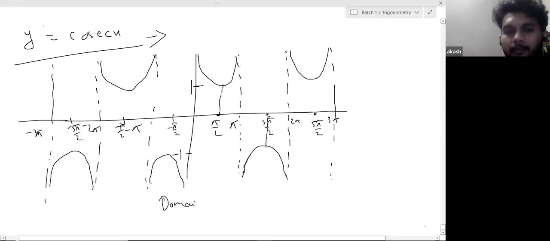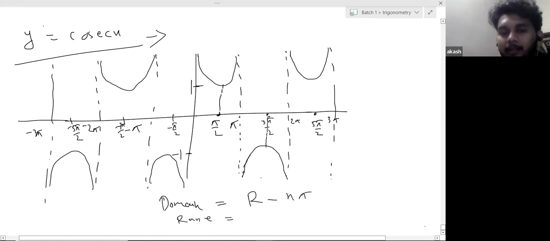Domain here, we can see from the graph also, we cannot put multiples of pi because they tend to be infinite. And the range is, we get all the values except minus 1 to 1, right? There is a gap from minus 1 to 1.